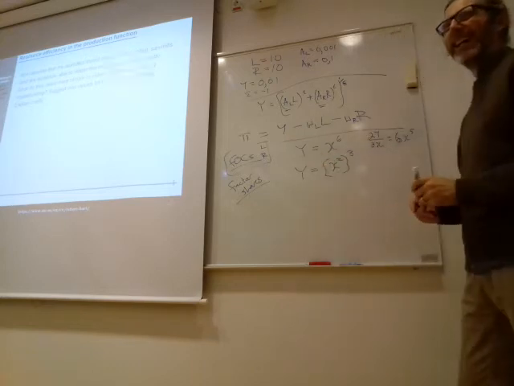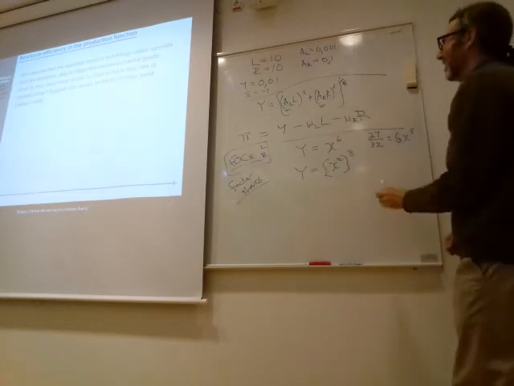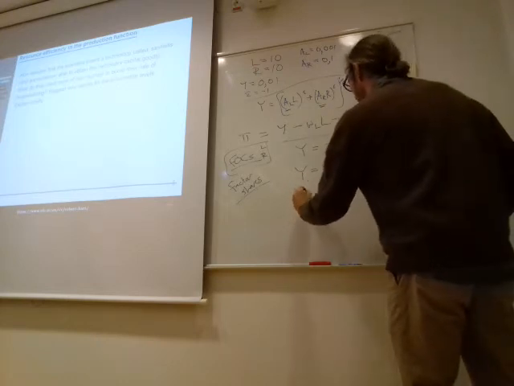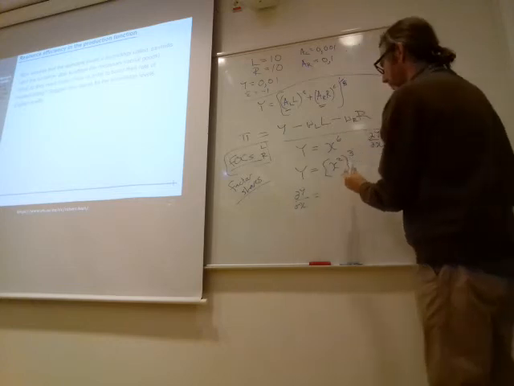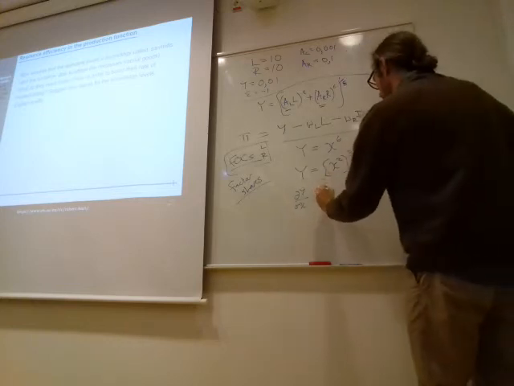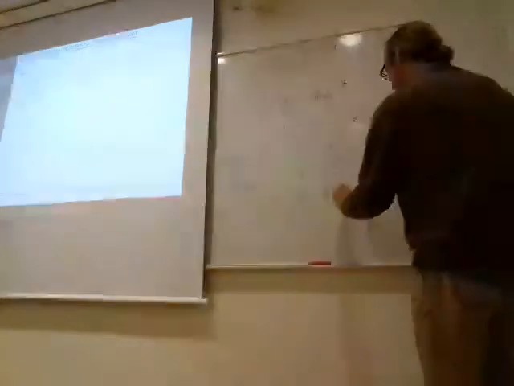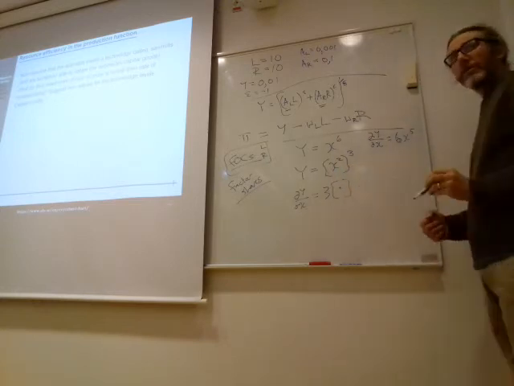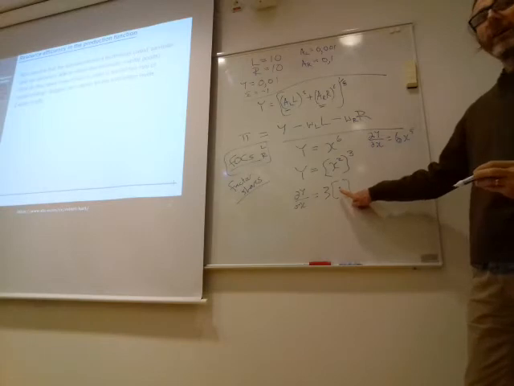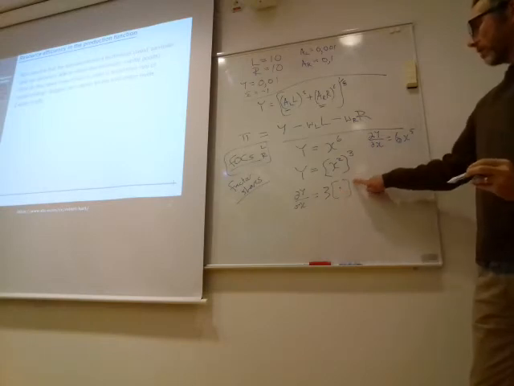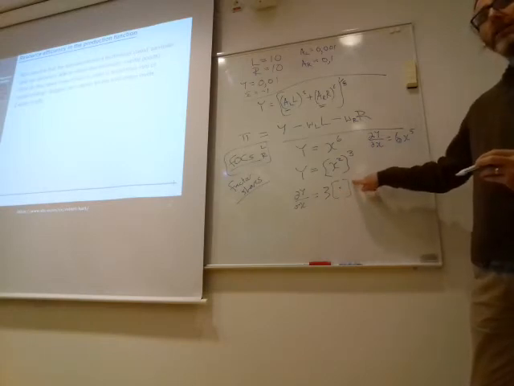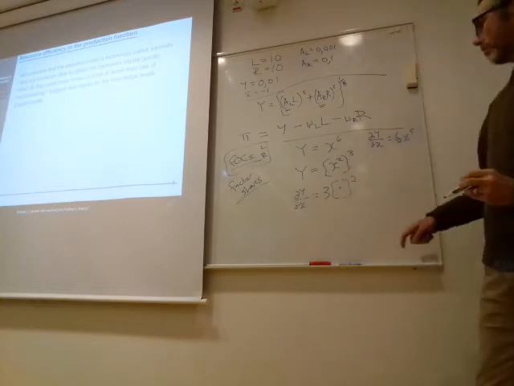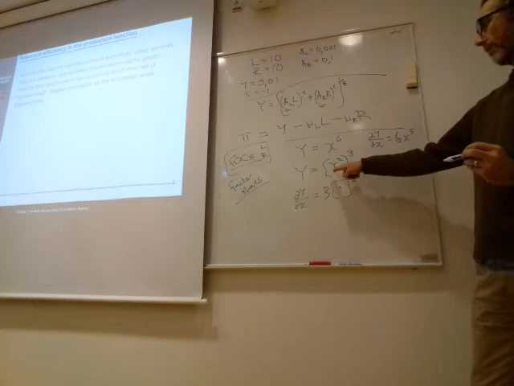So how do we differentiate the outside? It's 3 times whatever was inside. We're saving ink here, we're environmentally friendly. We don't want to use ink unnecessarily. And what power should we have here? 2. And then we go inside and differentiate this.